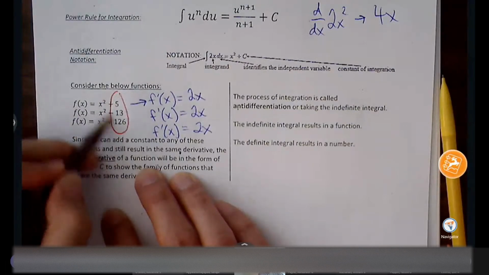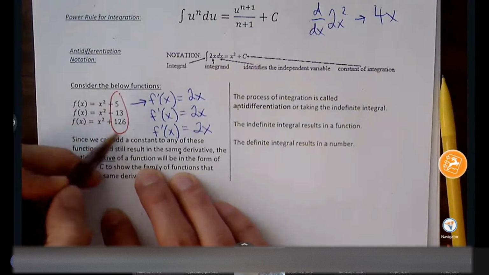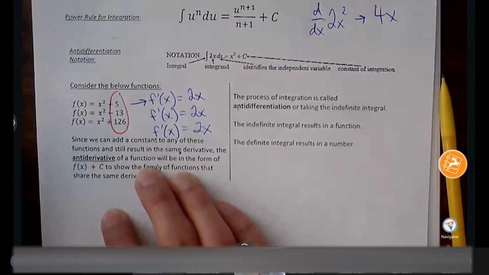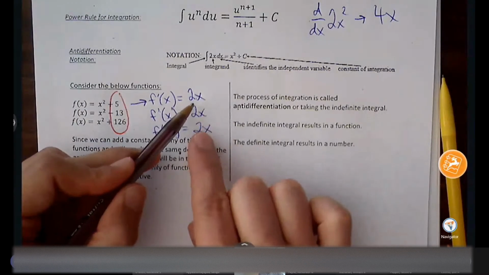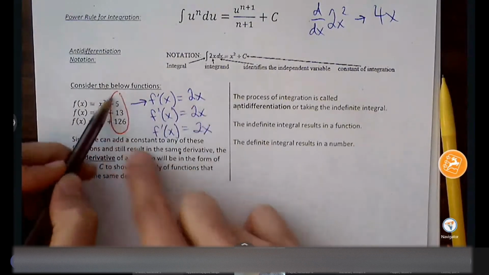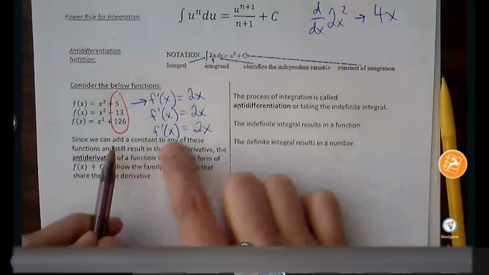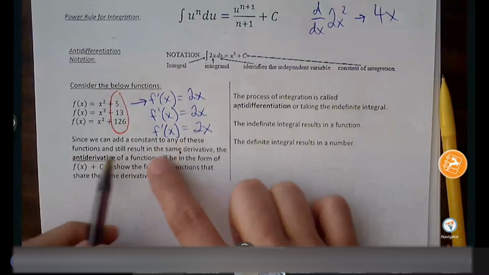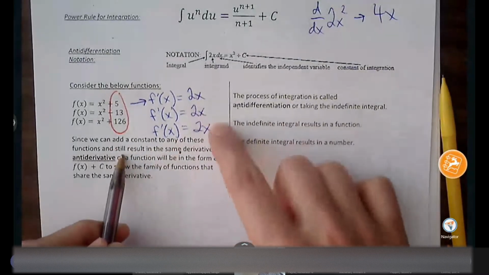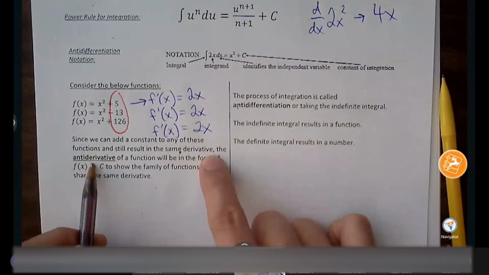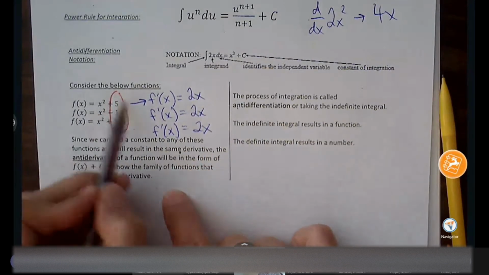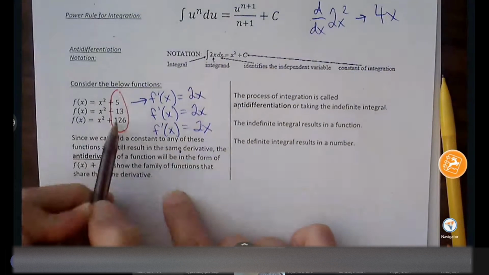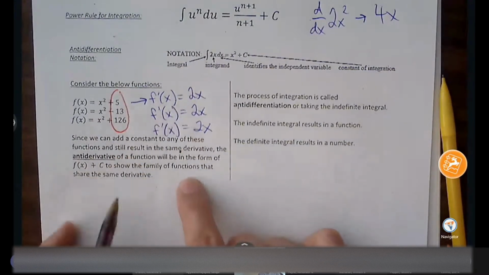And so we want to create an umbrella that represents all the possibilities that share the same derivative. So that's why when we take the antiderivative, we'll say 2x becomes x squared plus c. Because we can add a constant to any of these functions and still result in the same derivative. So the antiderivative of a function is going to be in the form of f of x plus c to show that there are all these potential constants that all share the same derivative.